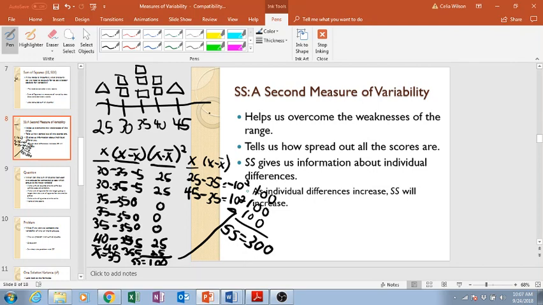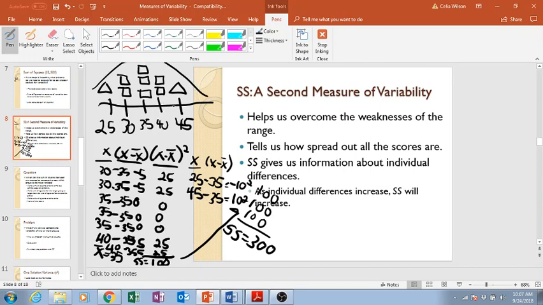So this illustration was to help you see that sum of squares of 100 is a measure of how spread out our initial scores were. When we added our new scores, if we had drawn a curve before and then after, our data is a little more spread out now, which we can see numerically as our sum of squares increased.